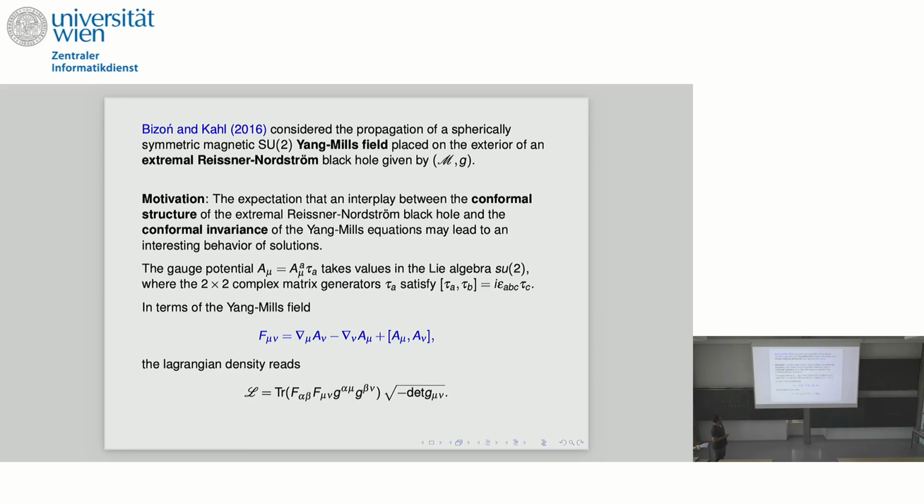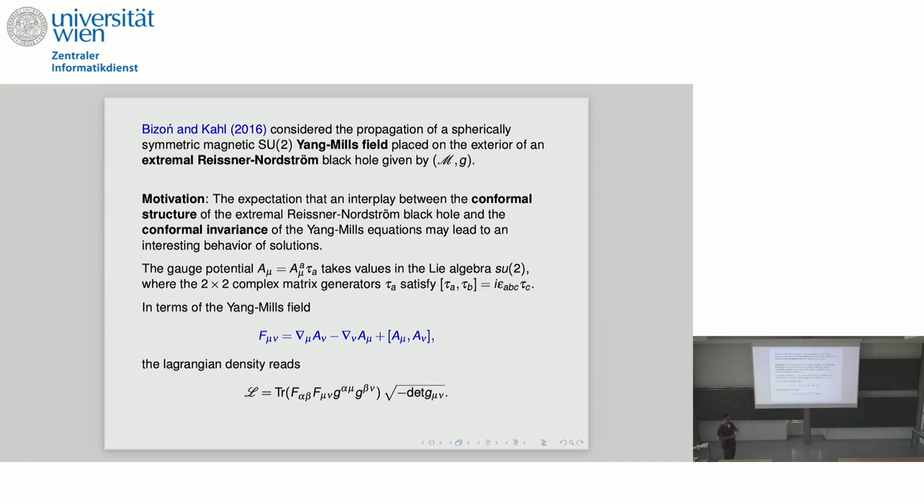So here's our main setting. I will follow a very influential paper by Bizoń and Chmaj, where they considered the Yang-Mills field, an SU(2) Yang-Mills field, placed on the exterior of an extremal Reissner-Nordström black hole.